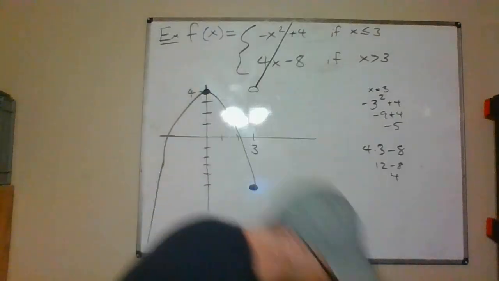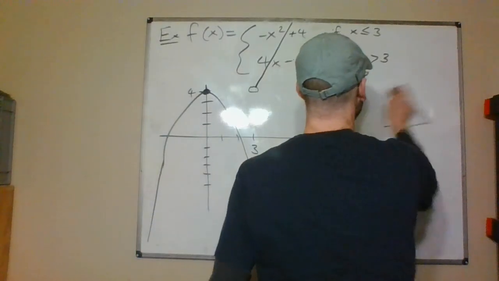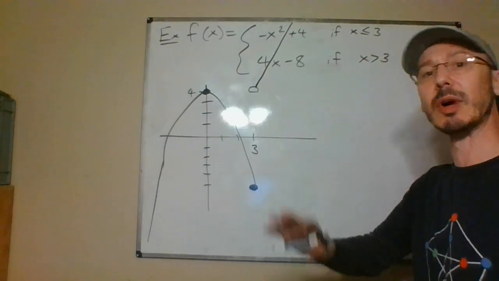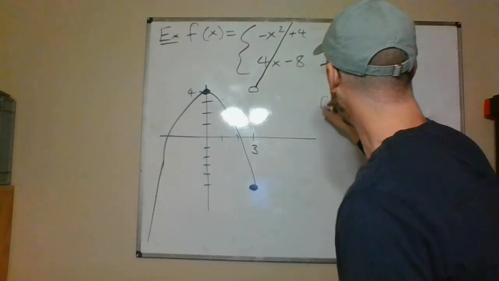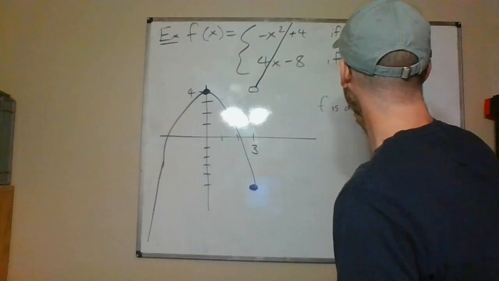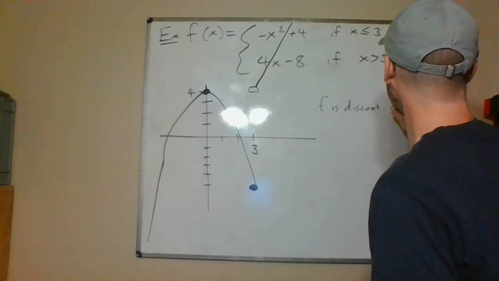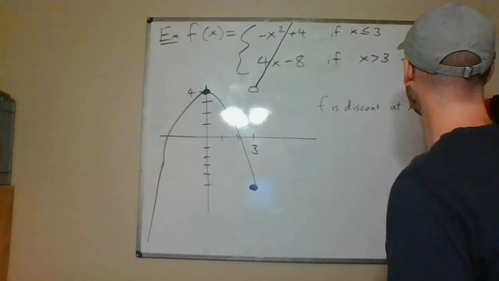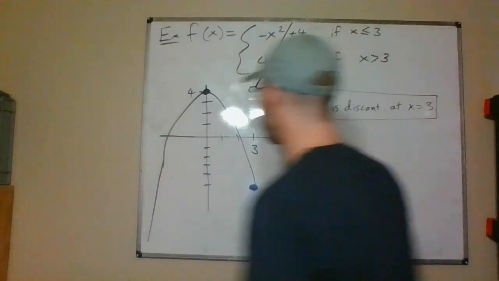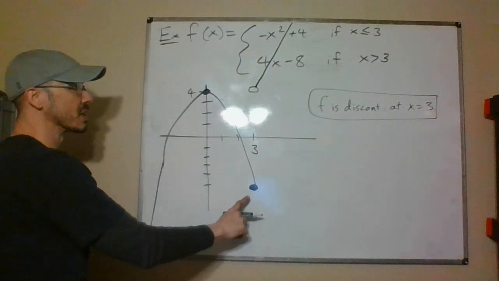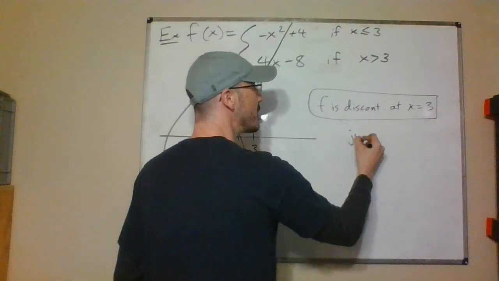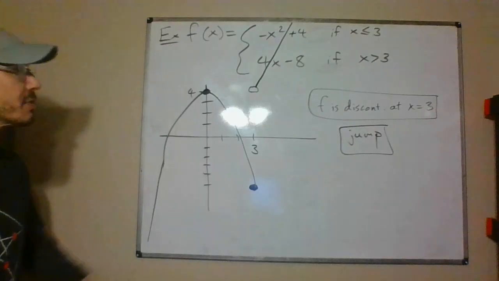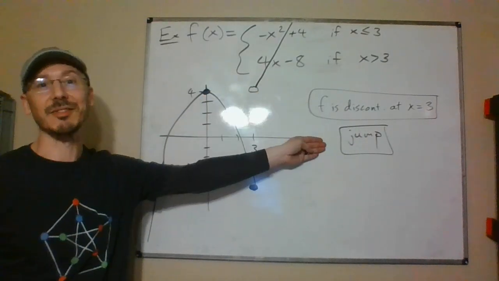And from this picture, you can see, first of all, this function's continuous everywhere except f is discontinuous at x equals 3. So continuous everywhere else, but discontinuous at x equals 3. And it is a jump discontinuity. So we've located it and classified it.